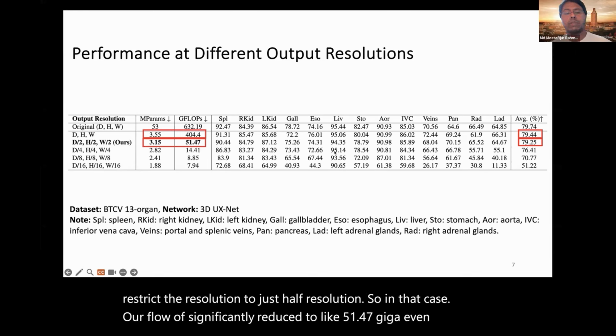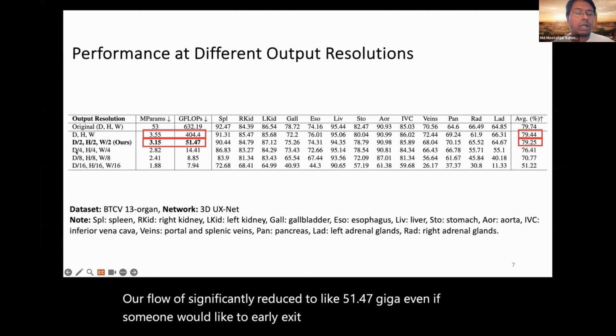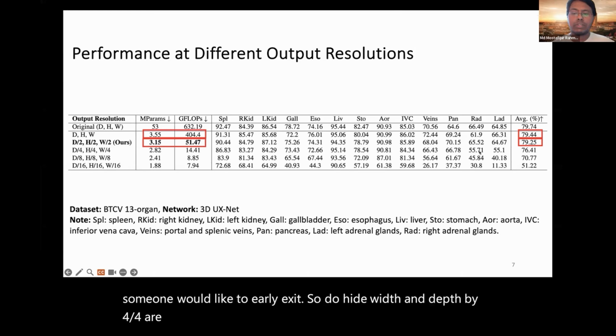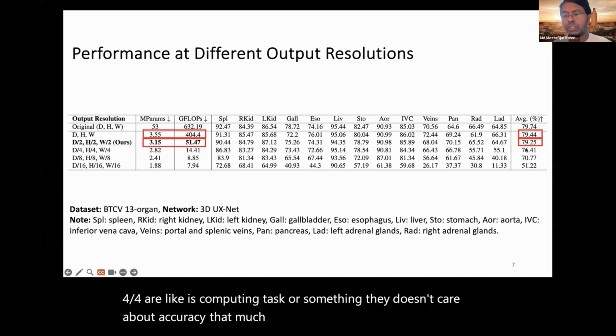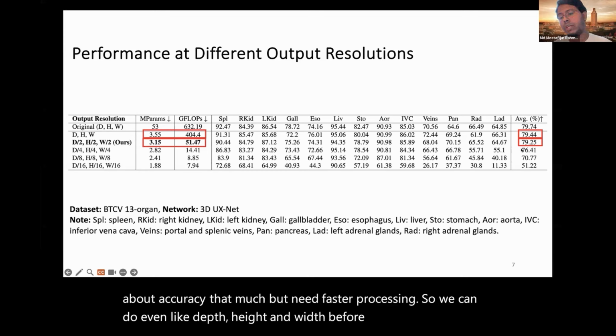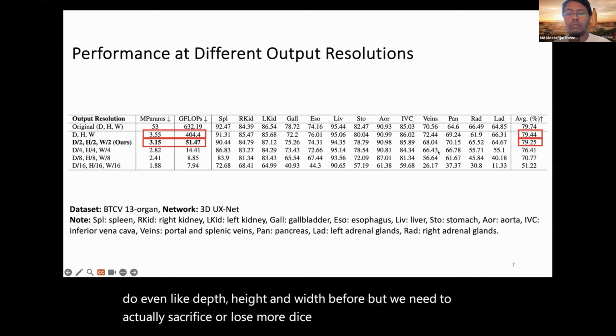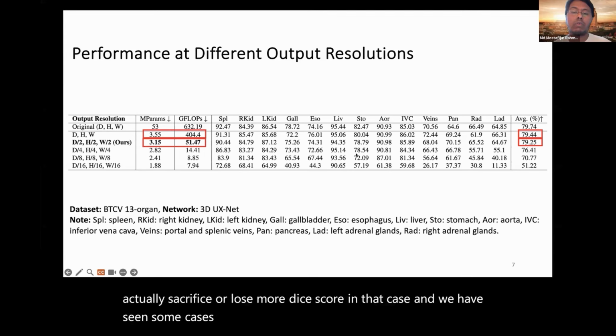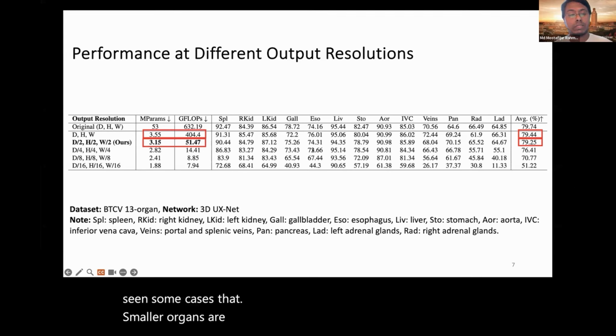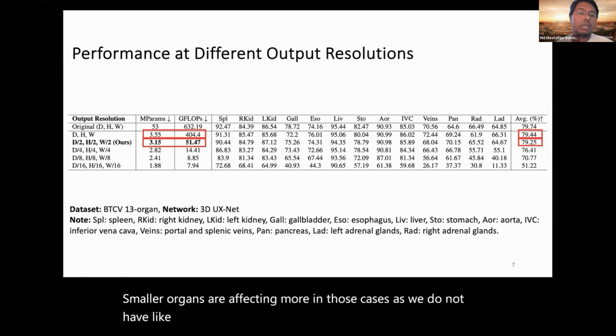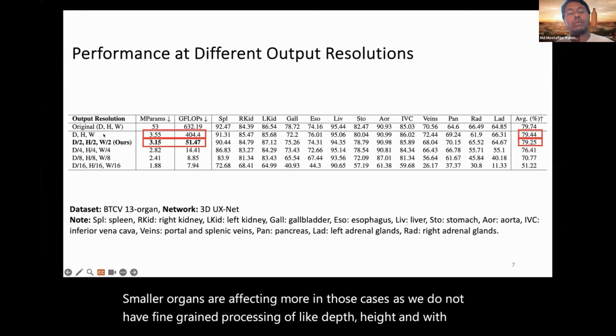Even if someone would like an early exit, doing height, width, and depth by 4 for a computing task where they don't care about accuracy that much but need faster processing, we can do that, but we need to sacrifice more Dice score. We have seen some cases where smaller organs are affected more, as we do not have fine-grained processing at half resolution and full resolution.